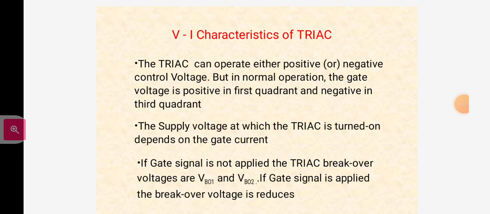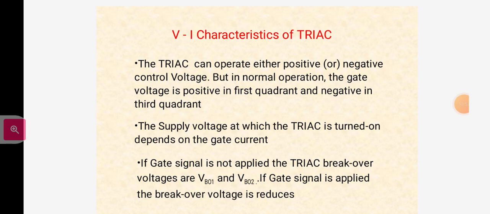The triac can operate with either positive or negative control voltages, but in normal operation the gate voltage is positive in the first quadrant and negative in the third quadrant.